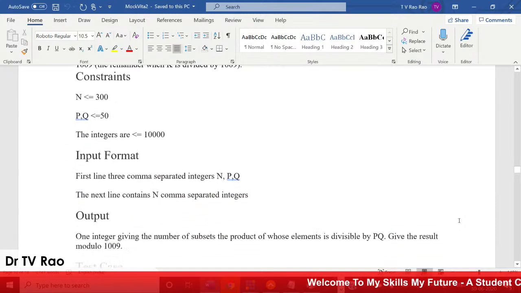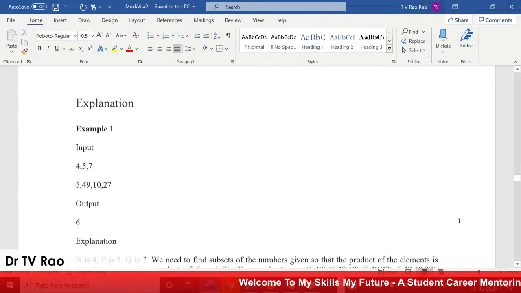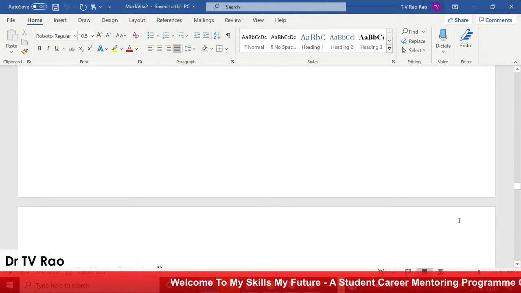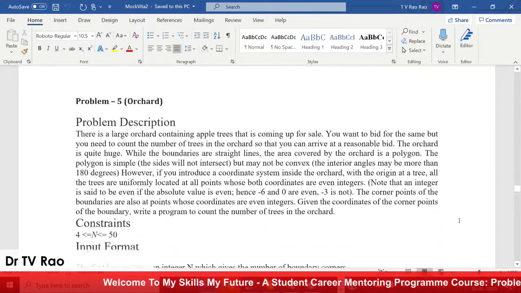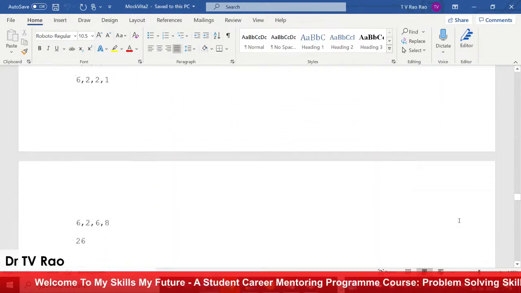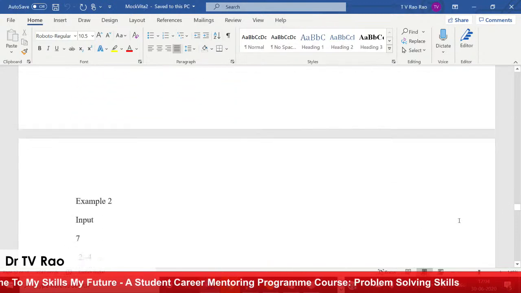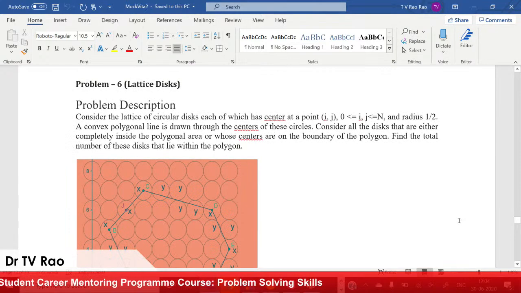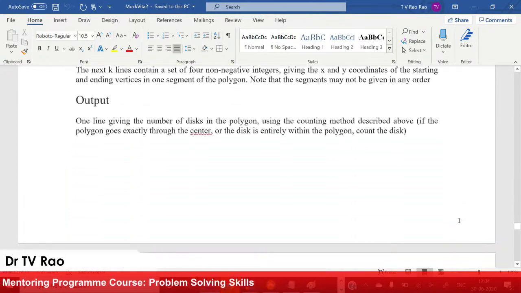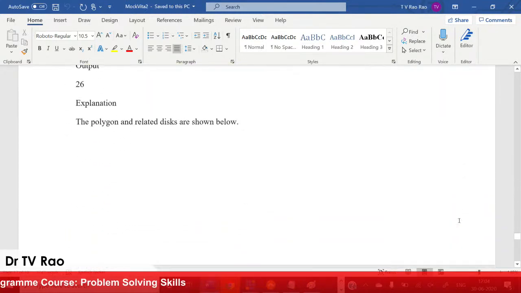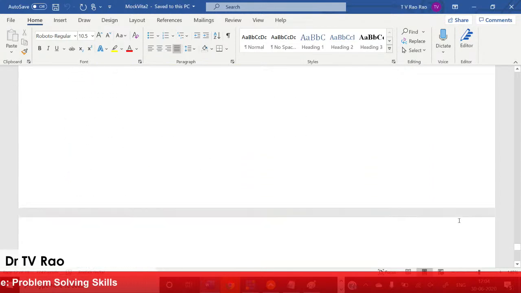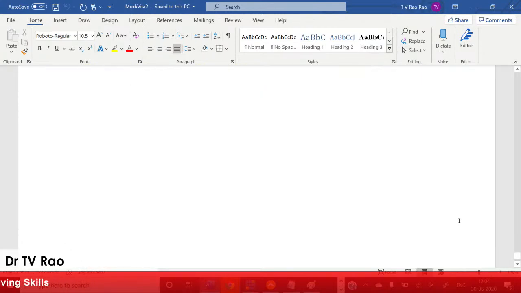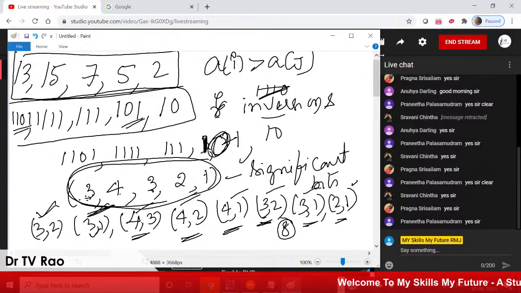So finding product. Arcade problem. Lattice discs. So these were all problems asked earlier. You can get them from Google.